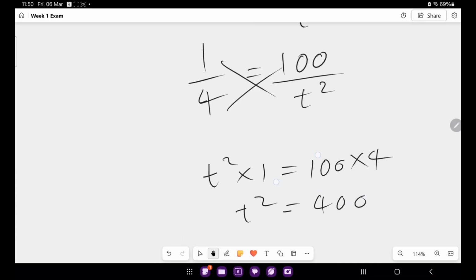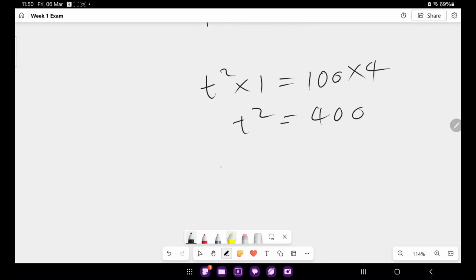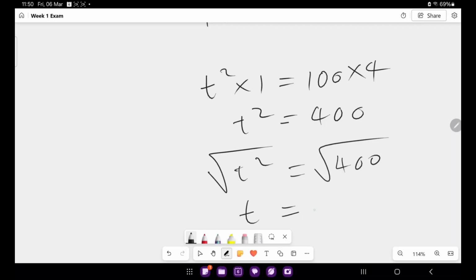Okay, now we're thinking, okay, the square root of t squared is equal to the square root of 400. Then you're thinking, okay, what is the square root of 400? The square root of 400 is 20, right? 20 times 20, we get 400.